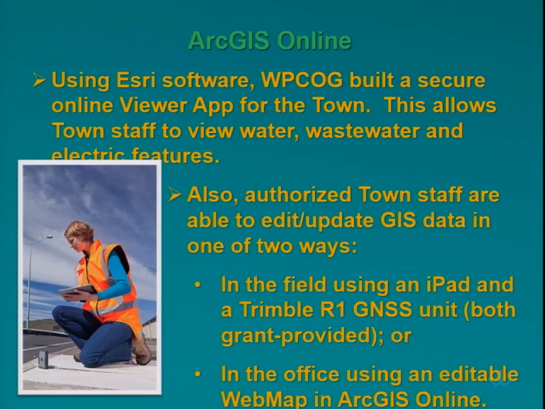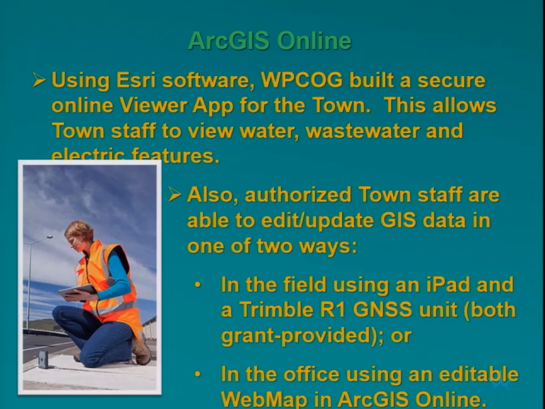So we built a secure web app for the town. This allowed town staff to view water, wastewater, and electric features. And town staff who are authorized are also able to update and edit. So the GIS is a living document. The town themselves can edit.